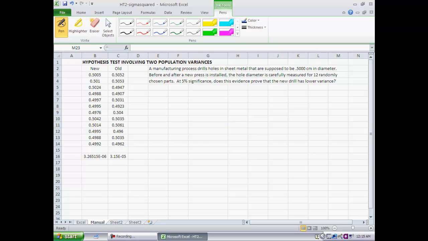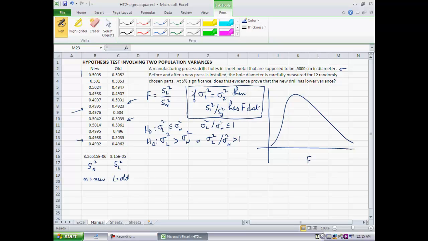Okay, and again, if you recall, all hypothesis testing starts with the assumption that the null is true as an equality.